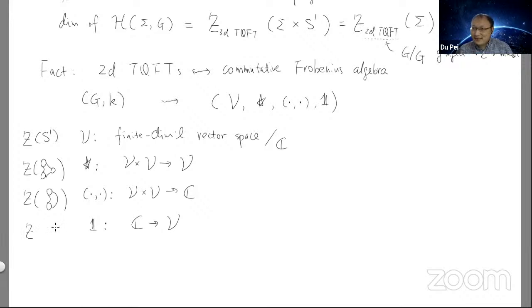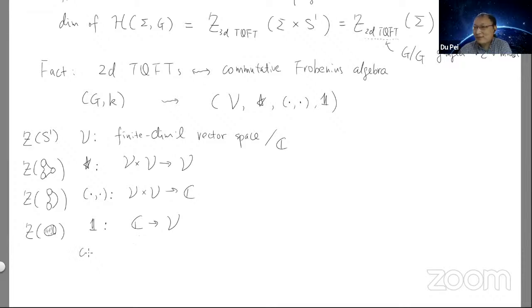And this is what the TQFT would associate to a cap. So it's a cobordism from the empty set to S1. And for the empty set, the TQFT would associate the one-dimensional vector space. So you will have a map from C to V.